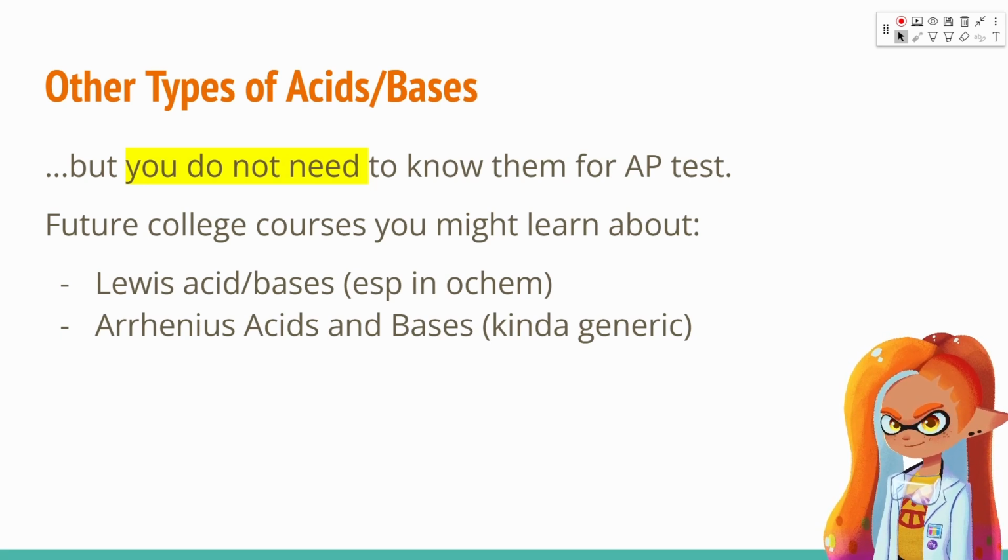So, for example, Lewis acids and bases, you'll learn in OChem. Right now we're in the Gen Chem of college classes, but we don't really use the Lewis acid-base definitions until you're in OChem. Arrhenius is kind of generic. It's not really something to know in terms of definition, but you can look it up if you prefer to know for any future course you may take.